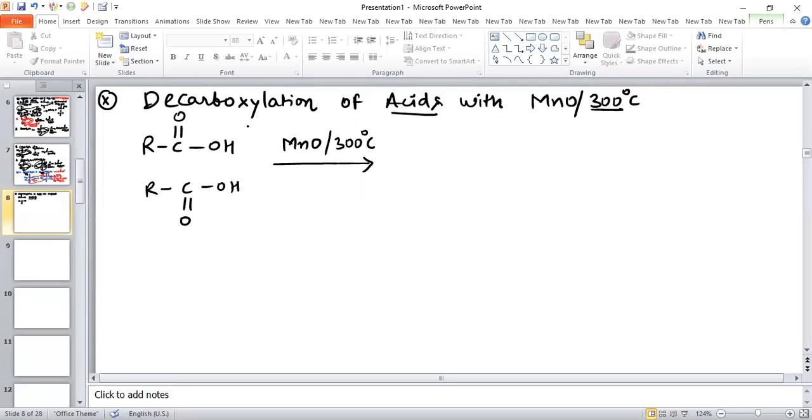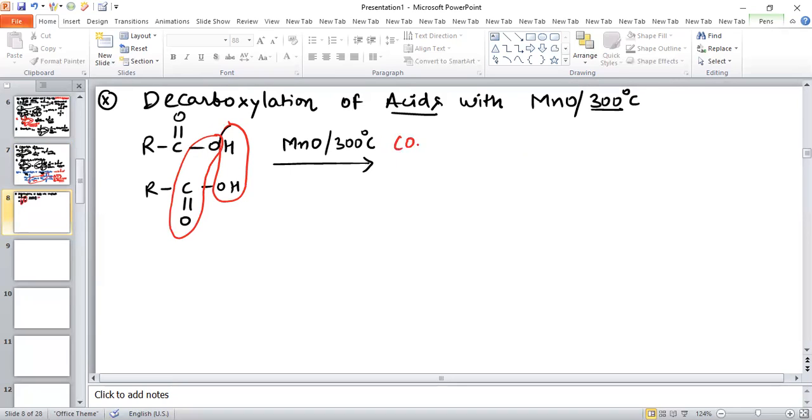First of all, this water will be removed, H and OH. And then this CO2: C double bond O and oxygen means CO2 will also be removed.